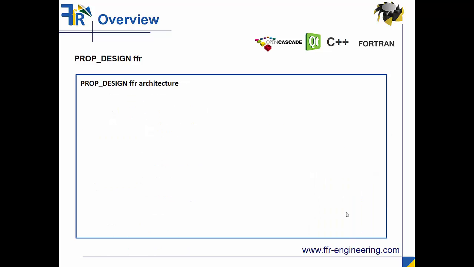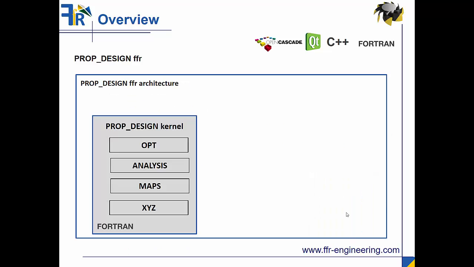So what is the architecture like? We still have the original kernel more or less from Prop Design, so those of you who already know the original kernel will recognize the kernel features written in Fortran in our source code. In this kernel we have adjusted little things, but the overall workflow is supposed to be the same.